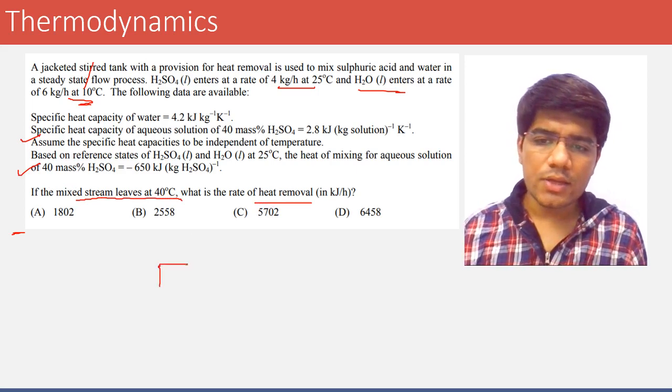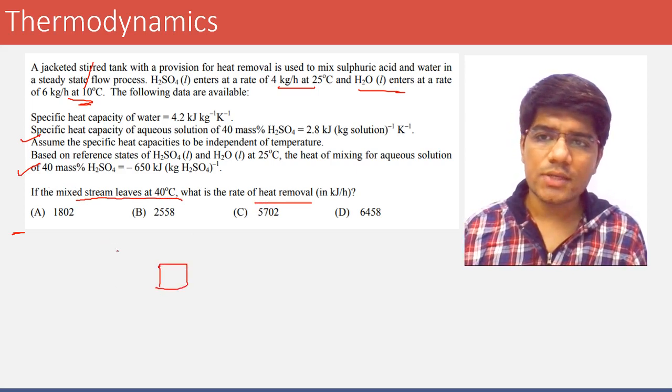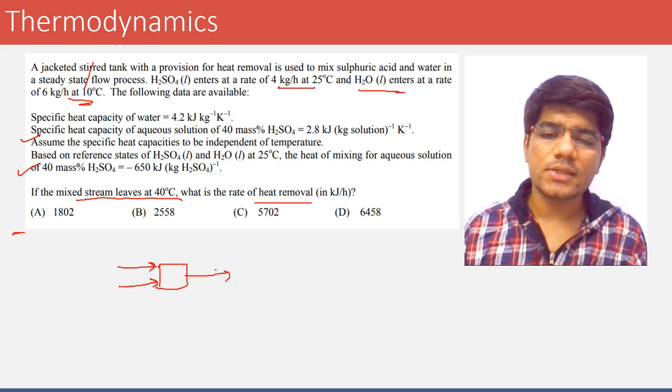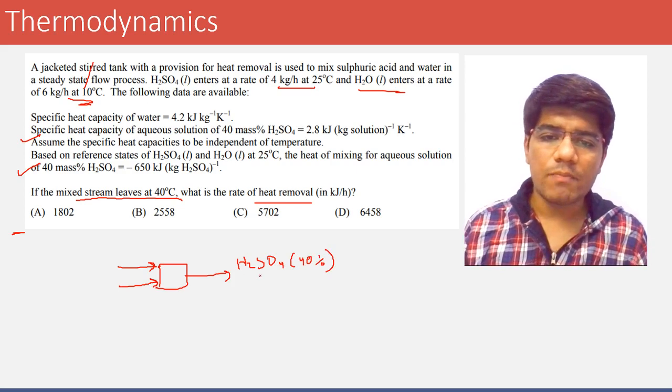So the question is that we are adding water and H2SO4, and the mixed stream is leaving, which is 40% H2SO4. The temperature of this stream is 40 degrees Celsius.